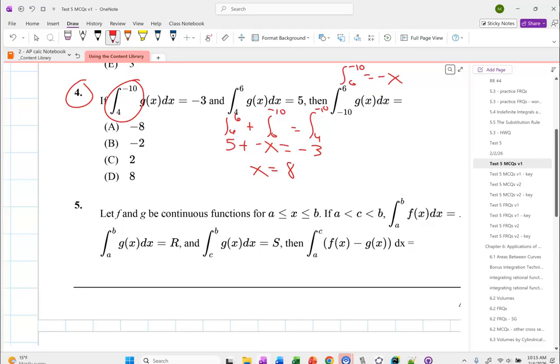You guys see it? There's only one. That's what I'm hooking together. So I have to flip one of them to hook them together. Since I want to go from 4 to negative 10, it made the most sense to me to flip this one to get the negative 10 up top. But in doing so, I know that makes that value negative. So I just called this thing negative x.